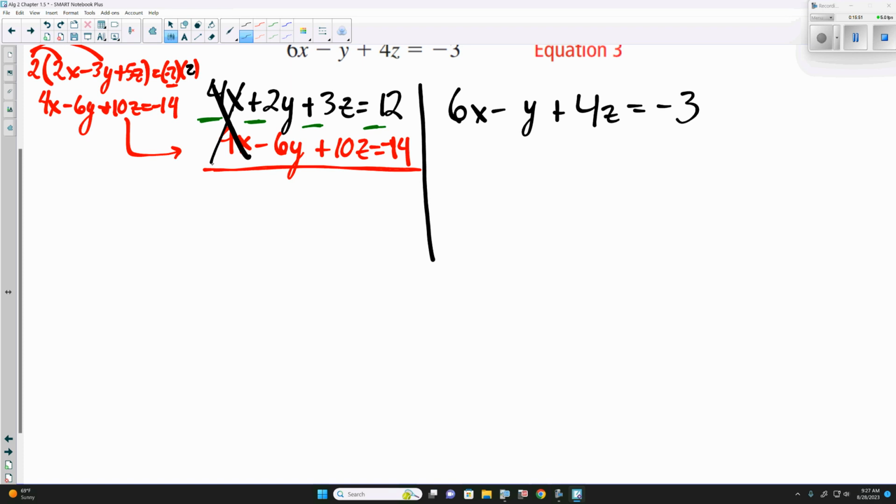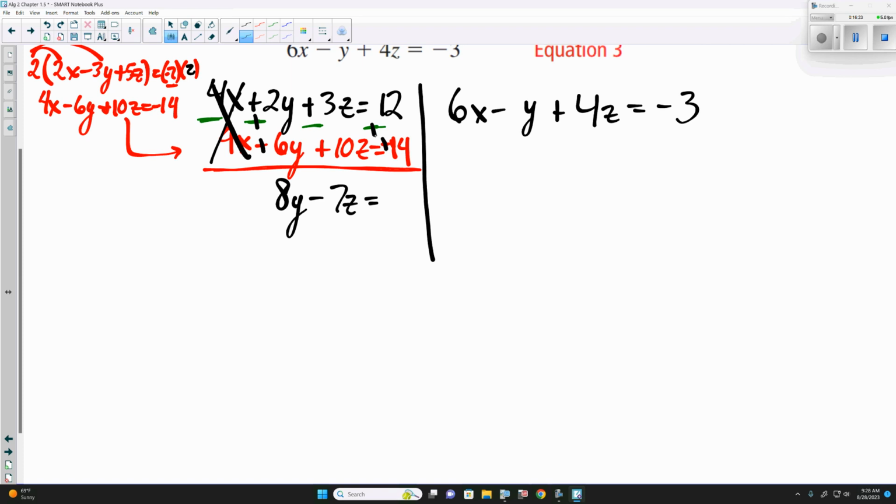Now we need to finish going through the rest of it. 2y minus negative 6y. Well, a negative and a negative makes a plus, so we get 8y. 3z minus 10z is 3 minus 10, which is negative 7z, equals 12 minus negative 14.